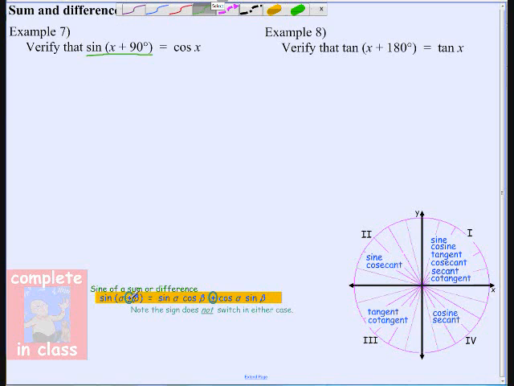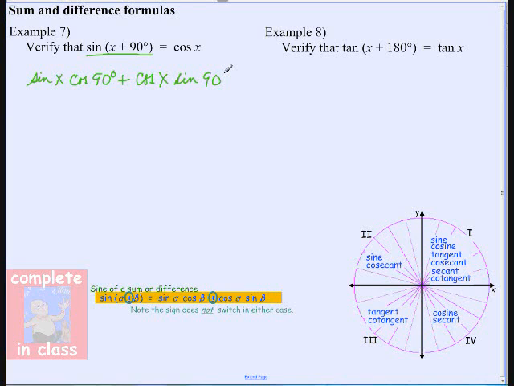So I'm going to use the sum, which will be sine of my first angle, x, times cosine of 90 degrees, plus, right, for sine, a sum is the plus of my products, cosine of x times sine of 90 degrees.